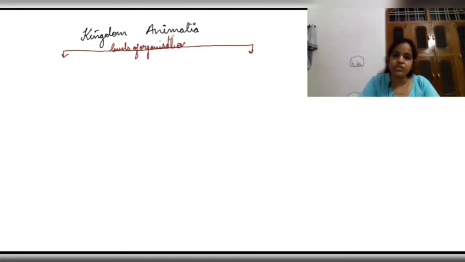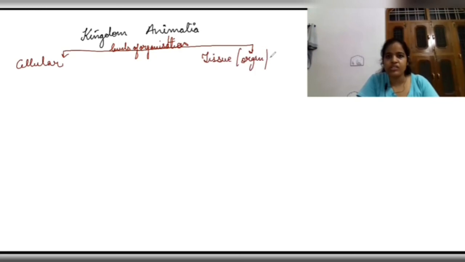What were the two levels we saw? The two levels we saw, first one was cellular and another one was tissue level or organ level or organ system level. The organ systems will form the complete organism, right?